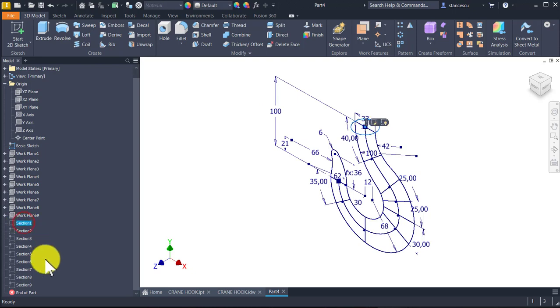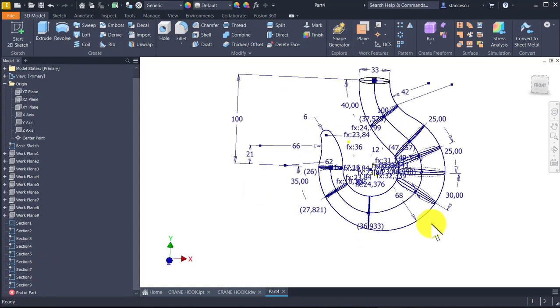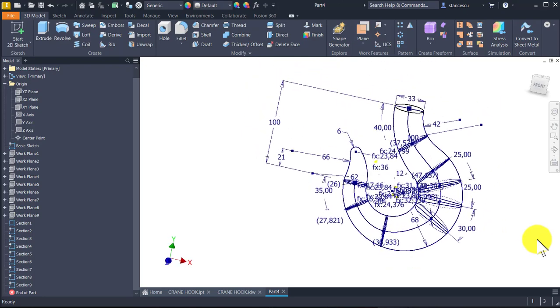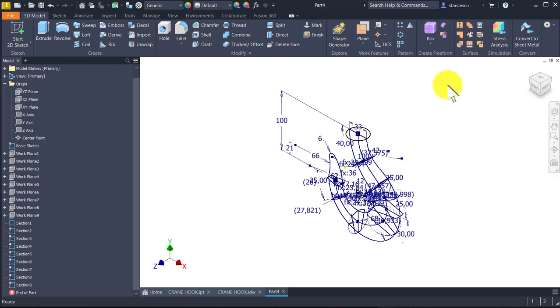Okay, I select all this and I make all visible. Wow! You see here? Yes, a lot of dimensions and so on.